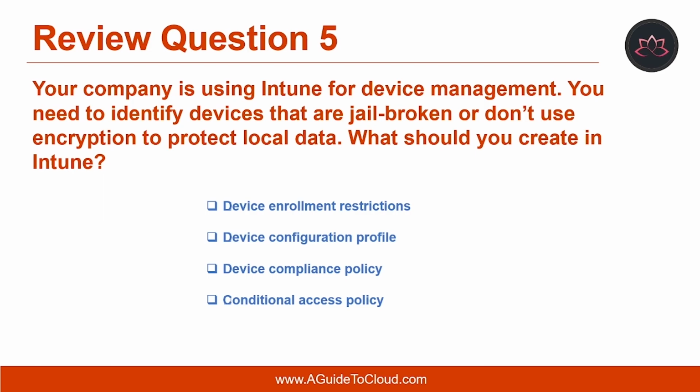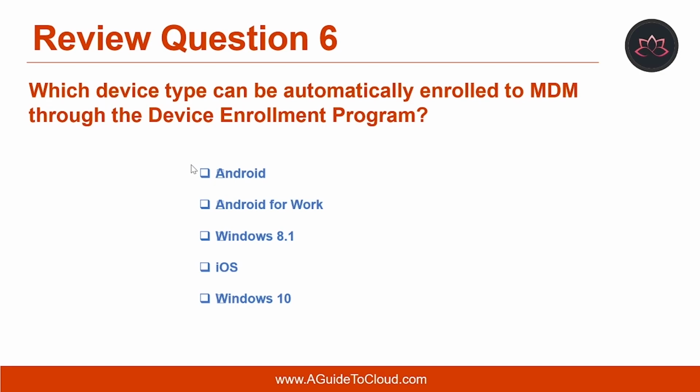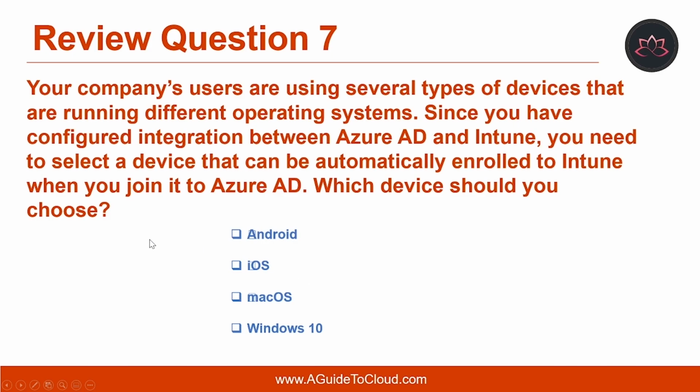What should you create in Intune? The correct answer is device compliance policy. Let's look at question number 6. Which device type can be automatically enrolled to MDM through the device enrollment program? Correct answer is iOS.